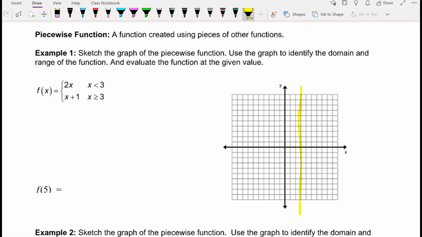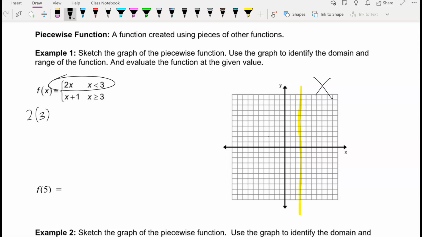At 3, we want everything on this side for that graph, and we don't want anything on the right-hand side. So we want to figure out what the value is when x is 3, and that's going to be your starting point.